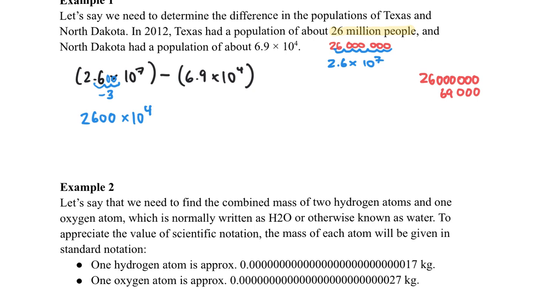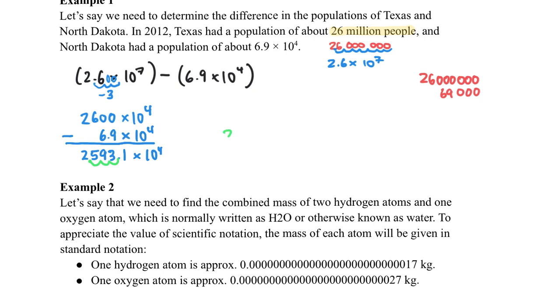And I'm going to subtract from that 6.9 times 10 to the fourth. Now, notice that they're the same. So now I can actually do 2,600 minus 6.9, and that gives me 2,593.1 times 10 to the fourth, and my last step is to convert this into proper scientific notation.